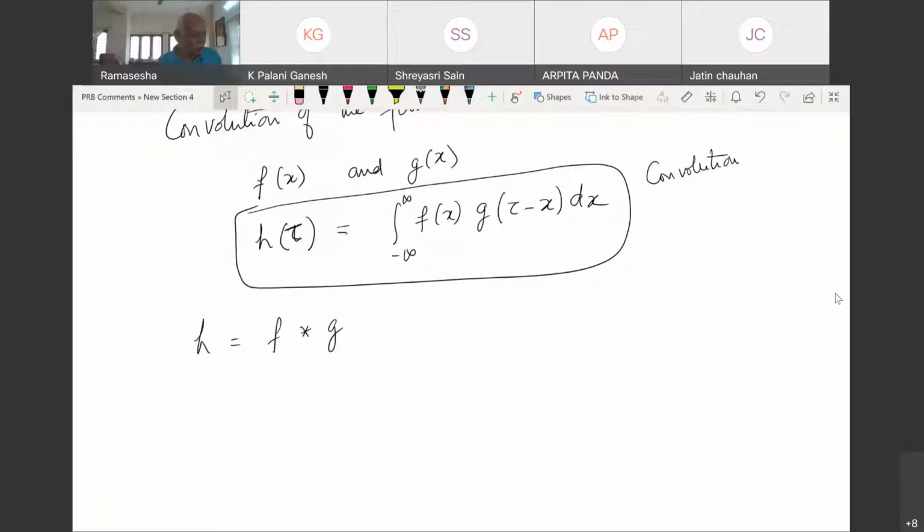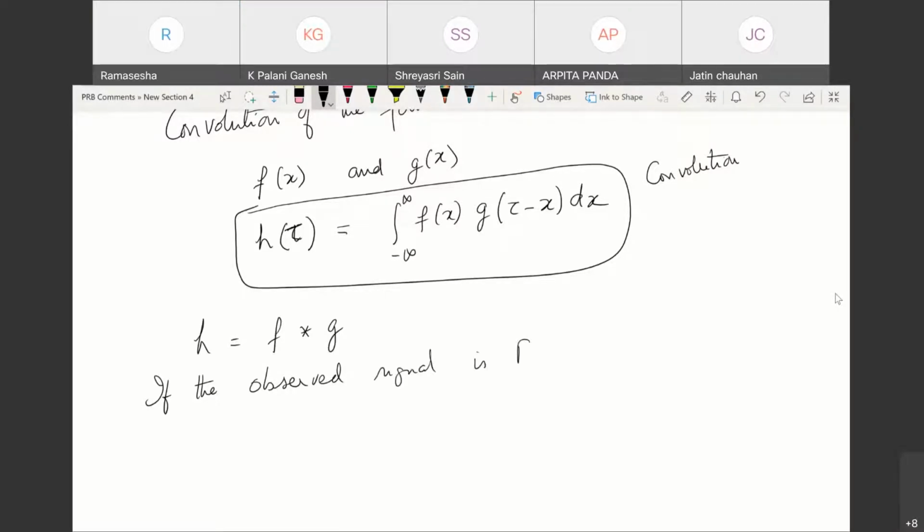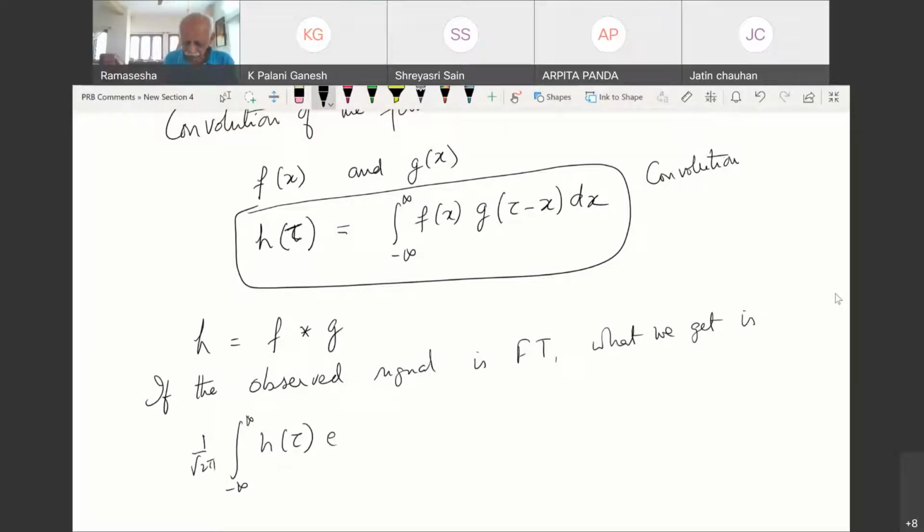It's quite easy to see something here. If the observed signal is Fourier transformed, what we get is 1 upon root 2 pi integral from minus infinity of h of tau e to the minus i k tau d tau, which is equal to h of k.